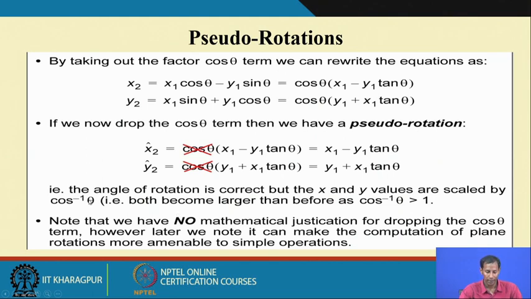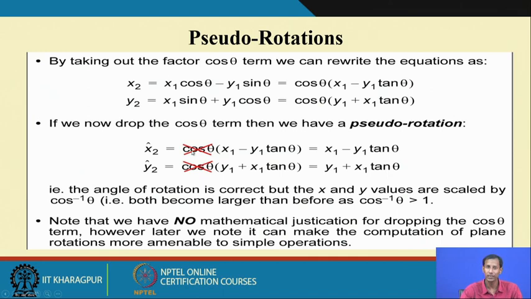Now here you see the angle of rotation is correct, but the x and y values are scaled by this particular factor. Here there is a multiplication of this function with cos theta.